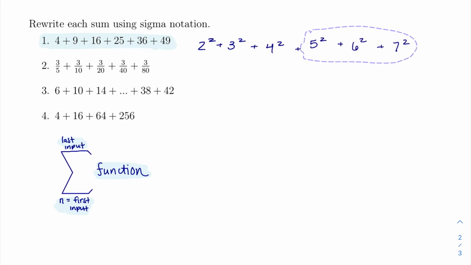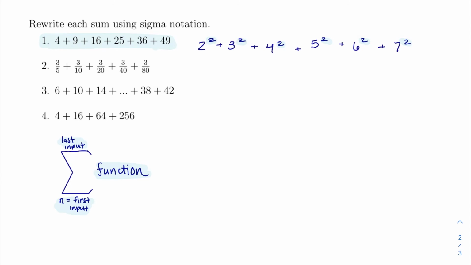So we should notice that what stays common is the squaring, right? All of these are being squared. So that is going to be part of my function when I draw my summation. It's something being squared. And notice that what's being squared is just going up by 1. There could be a bigger pattern than that, an arithmetic or even geometric pattern, but the pattern is that it's just going up by 1.